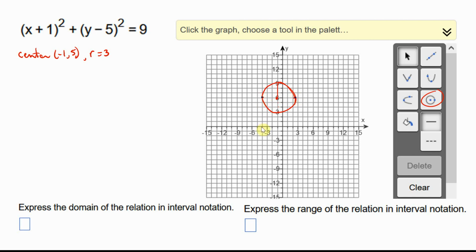That looks like -4, and then this looks like 1, 2. So the domain would go from, that's a bracket because this circle includes these points, -4 all the way to 2.